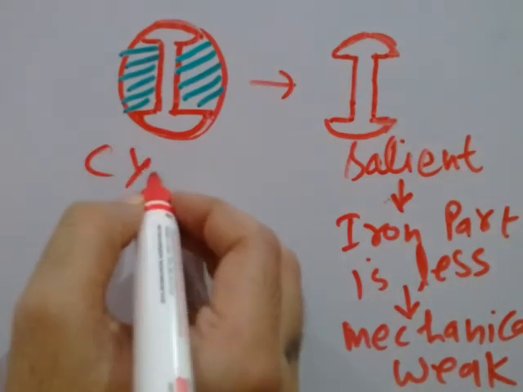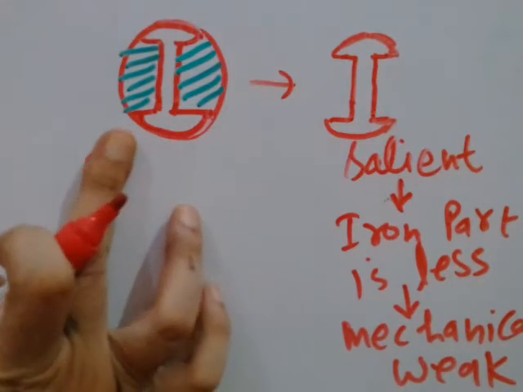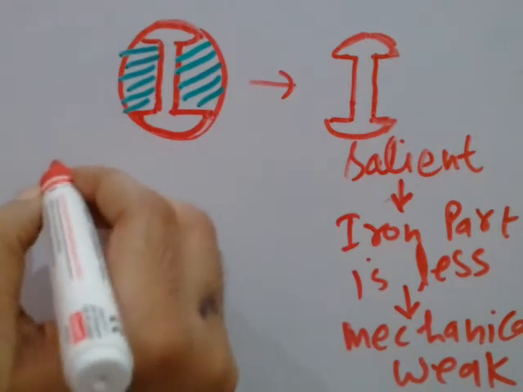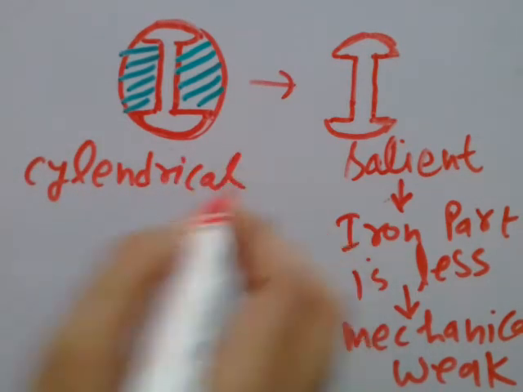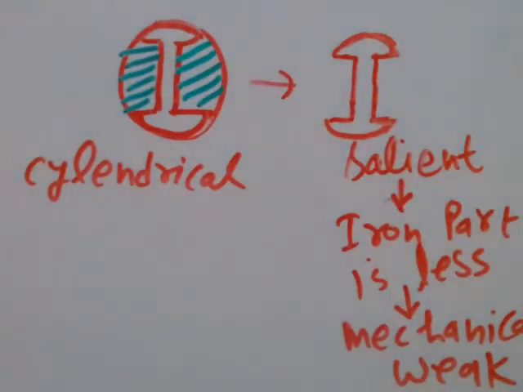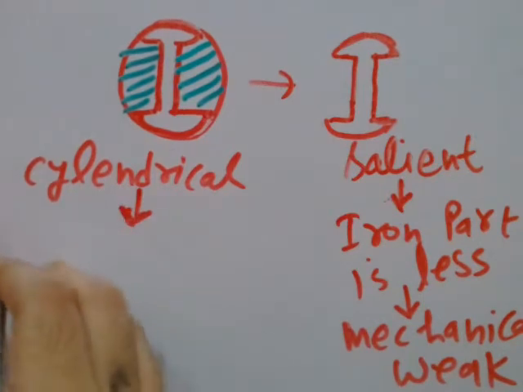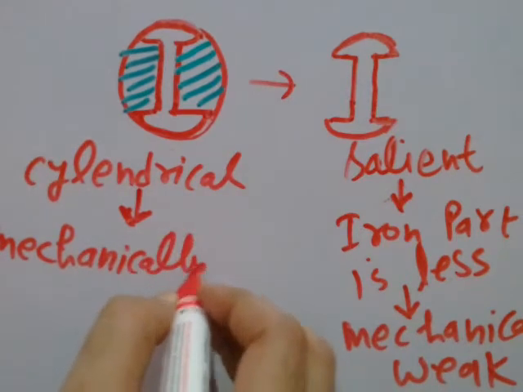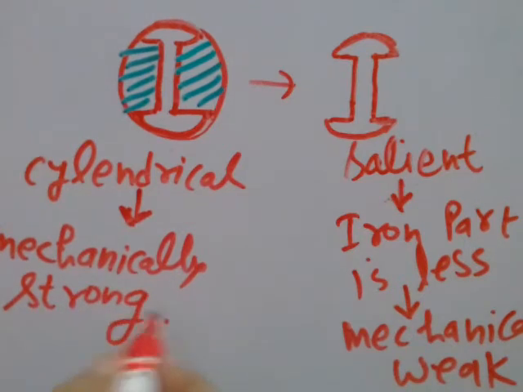It is cylindrical and it is mechanically robust, mechanically strong. So this cylindrical type rotor structure is mechanically strong, right?